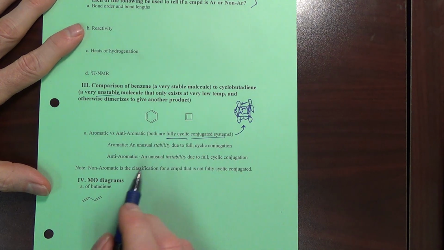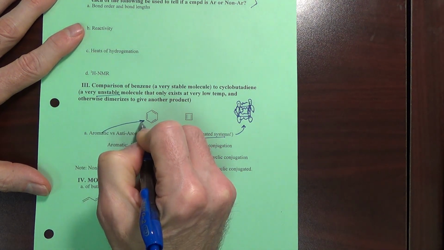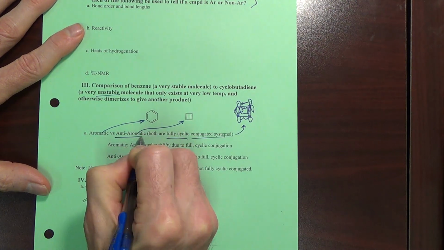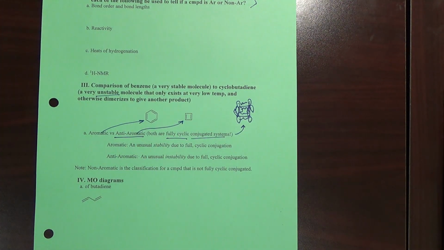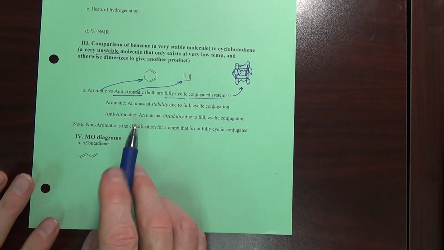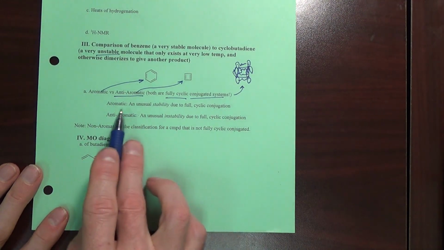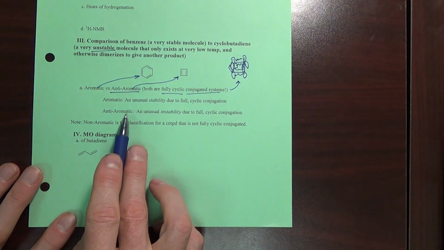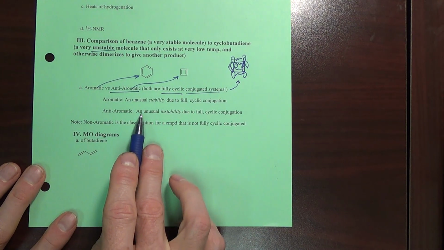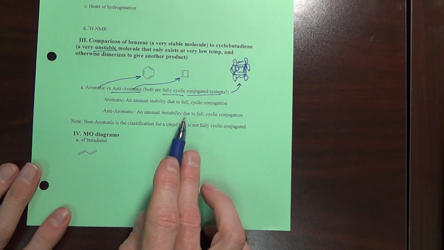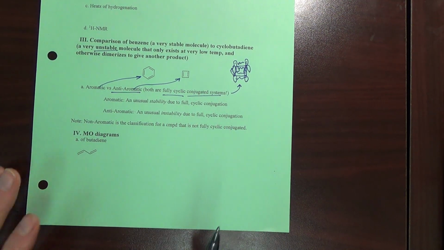Well, very different. This one's aromatic. This compound is known as anti-aromatic. All right. We've already given a definition for aromaticity. We can now have a definition for anti-aromaticity. This is an unusual instability due to full cyclic conjugation.